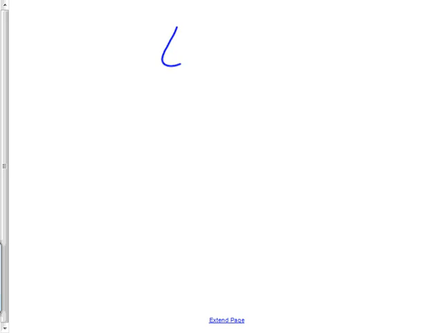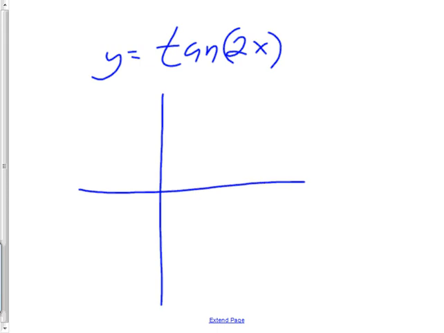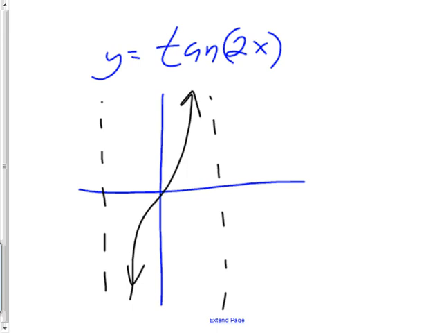Let's say that we had to graph, let's make it just something fairly simple, tangent of 2x. I already showed you what tangent would have looked like. Well, it's going to look a lot alike. It's just, remember how we just changed the numbers? There, I did tangent. As long as I can label it right, I'm good.